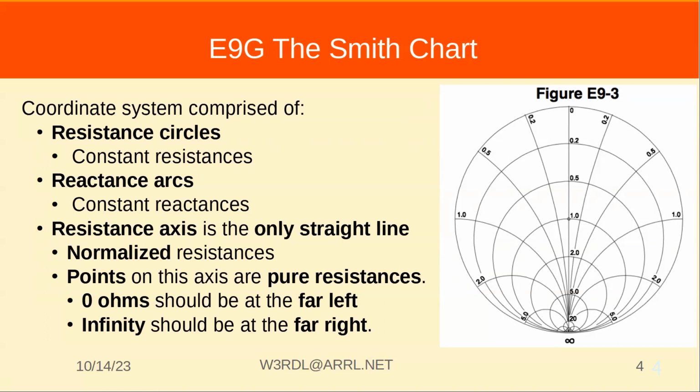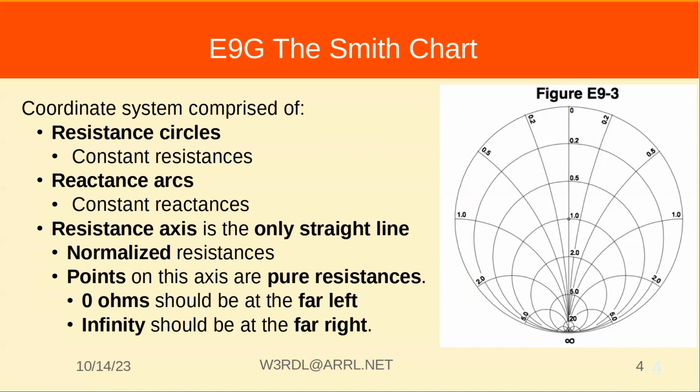So beside the fact that they always show it rotated 90 degrees from where you would normally do it, it still works the same. So you see the major axis, which is vertical here, going from 0 to infinity with 1 in the center. So that's your normalized resistance. So if you're doing 50 ohms and you divided everything by 50, then 50 ohms comes out to be 1.